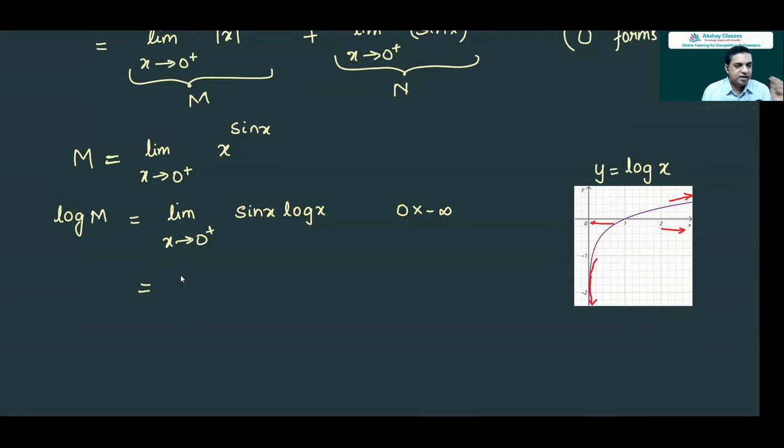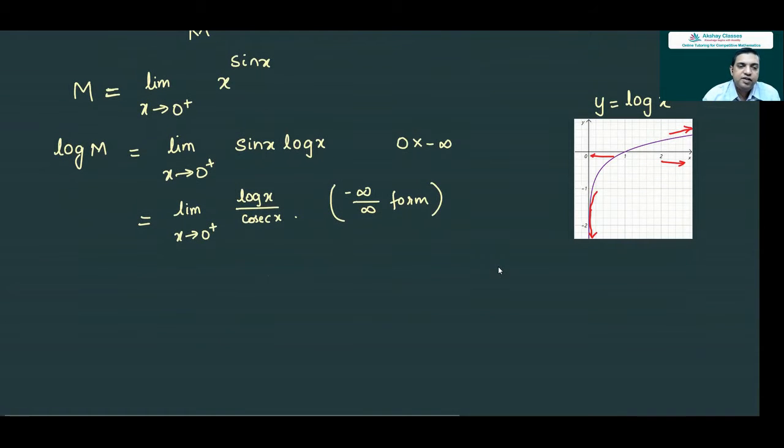So what we can do is, I will write like this, limit x tends to 0 plus, I will write this as log x by cosecant x. Now this becomes minus infinity by infinity form. So to solve this, I will use the L'Hospital's rule.